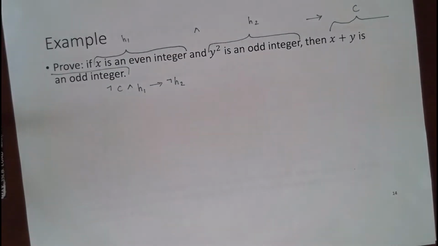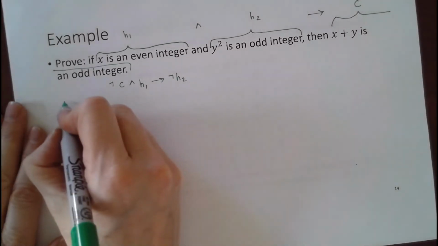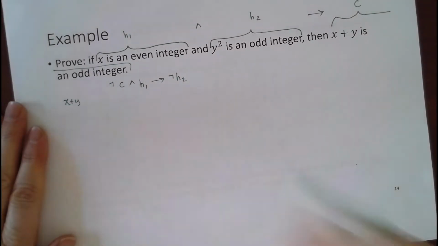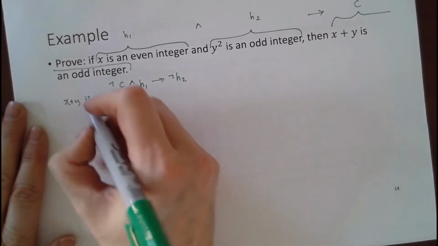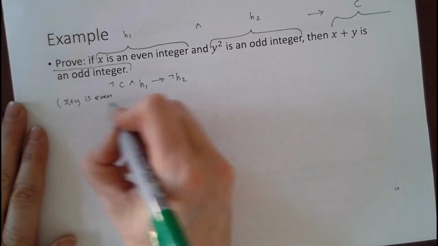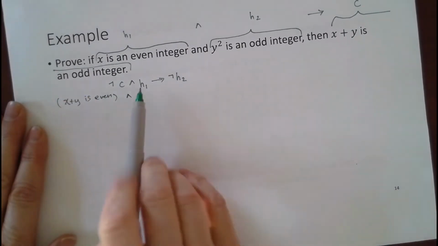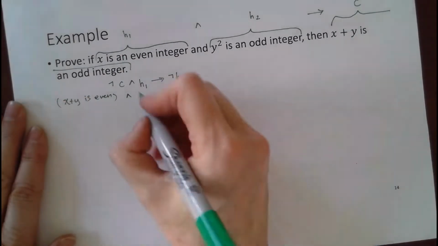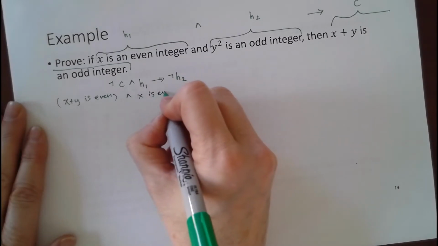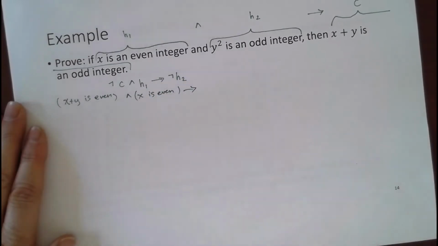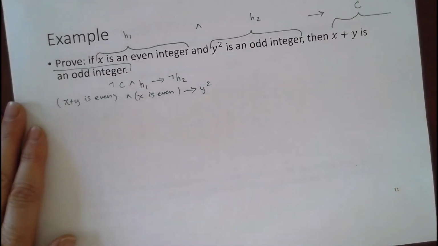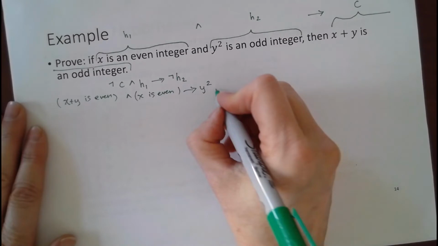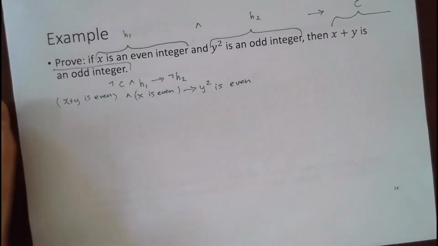Now, if we think about that, that's going to be much easier to deal with. So not C, that would be, so this would be x plus y is, so I've now negated it, and so instead of being odd, it's even. So x plus y is even, and our original hypothesis 1, x is even. Then the negation of hypothesis 2 would be that y squared, instead of being odd, is even. Okay.